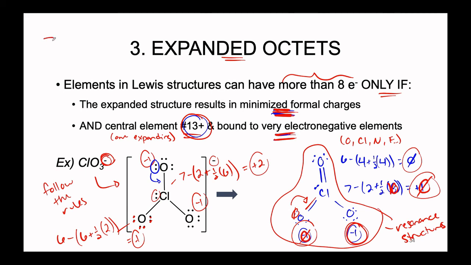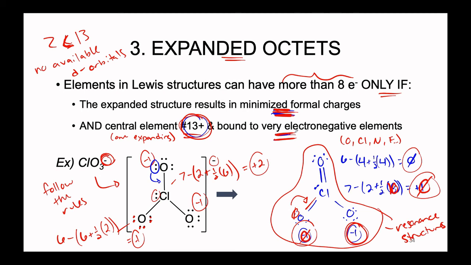If your atom and its atomic number Z is less than, just less than, not equal to, 13, this means that it has no available d orbitals to hypothetically push this excess electron density into. Because there are no available d orbitals, elements that are less than number 13 on the periodic table cannot expand.